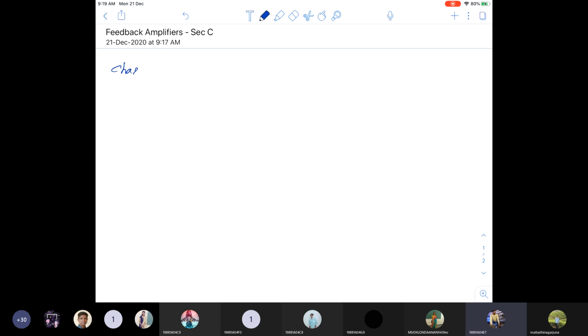Characteristics of feedback amplifiers. First one is sensitivity. Second one is gain.